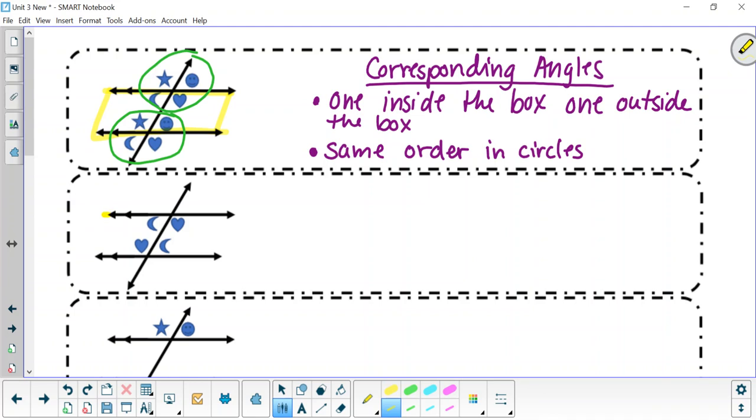Let's go to our next one. Again, draw your box, connect the parallel lines. This next type is called an alternate interior angle.